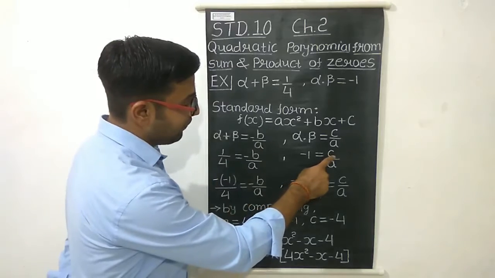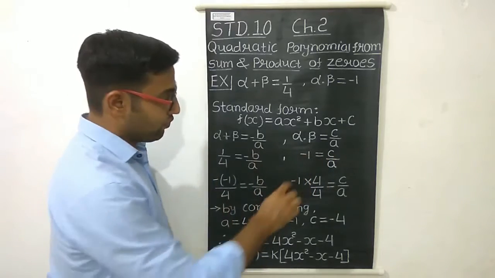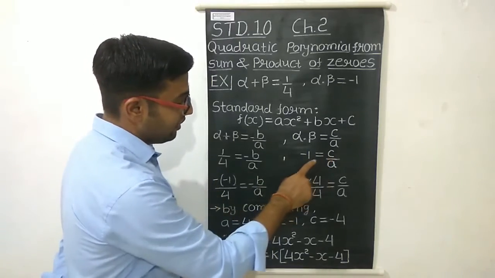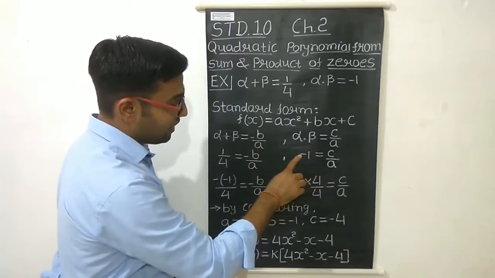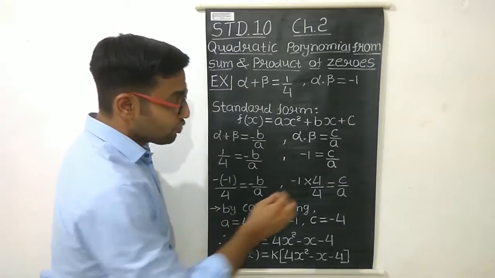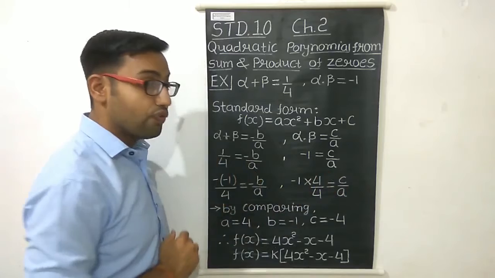Here what will happen if we compare? There is no denominator, only minus 1 is there. So we can guess that denominator is 1. So c is equals to minus 1 and a is equals to 1. That is the value we are getting here. So here we get a is equals to 1 and here a is equals to 4.